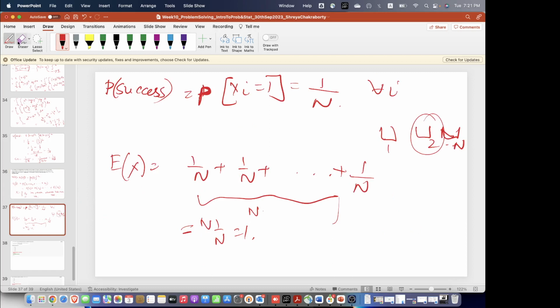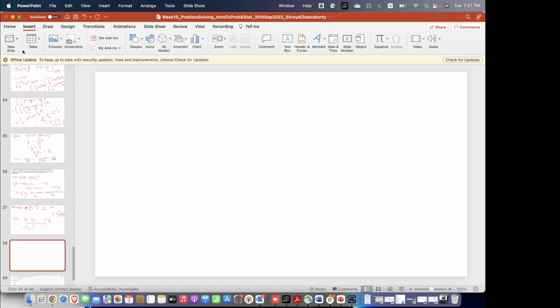Now the variance of x is how much? The variance of x equals the variance of x1 plus x2 plus xn.